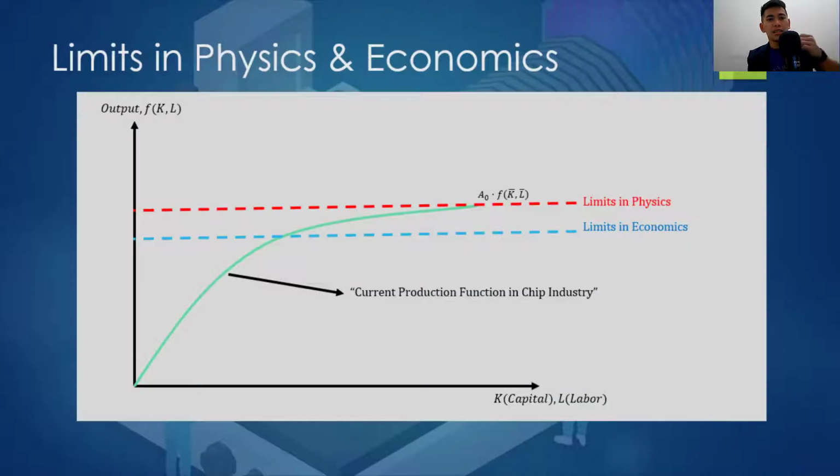A concept in macroeconomics might help us understand the effect of ReRAM entering the chip industry. So as shown in the graph, we have a production function where the inputs are capital, labor, and the multiplier is technology, which is denoted by variable A. And as you can see, there's a diminishing marginal return, which means as we increase inputs such as capital and labor, the rate of output decreases.